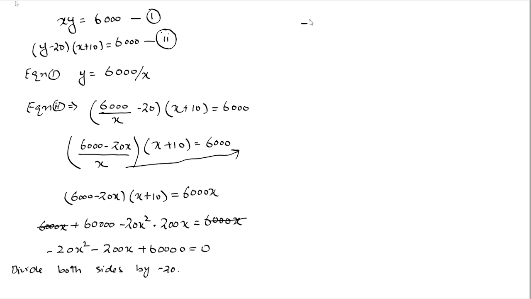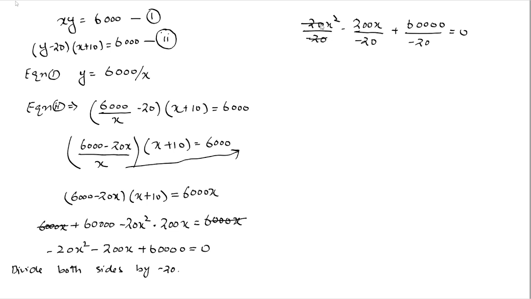So we can write minus 20x square divided by minus 20, minus 200x divided by minus 20, plus 60,000 divided by minus 20 is equal to 0.